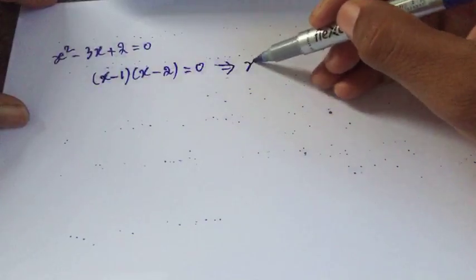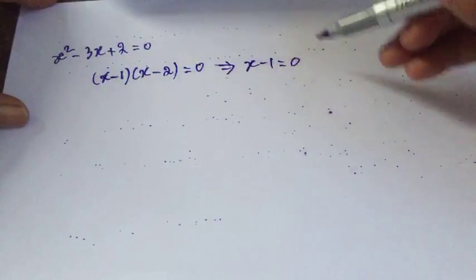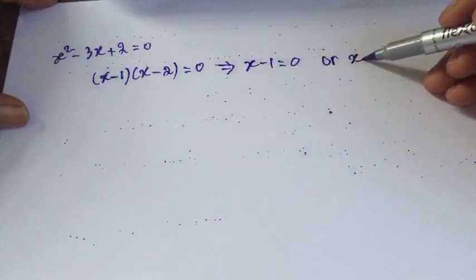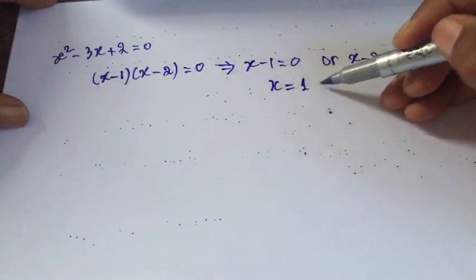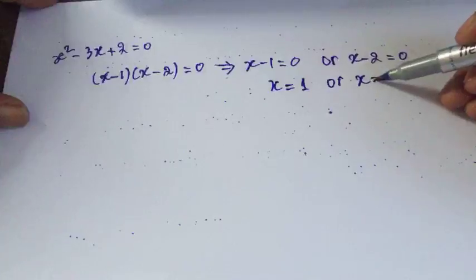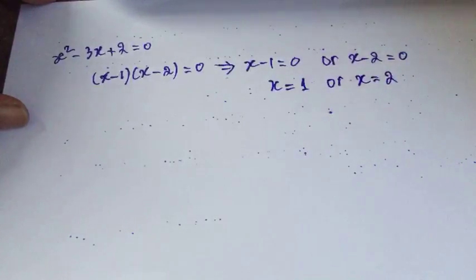You can find x minus 1 equal to 0 or x minus 2 equal to 0, and then x equal to 1 or x equal to 2.